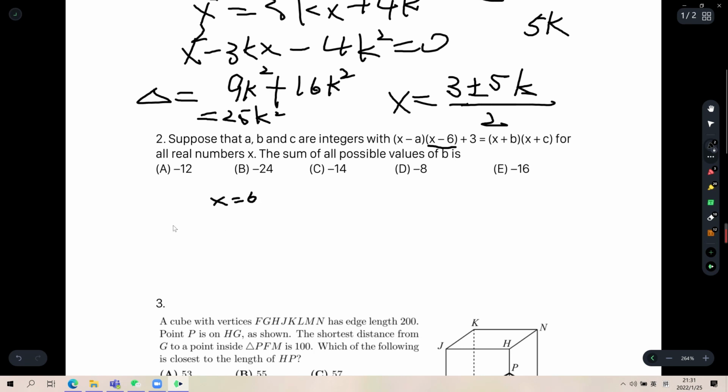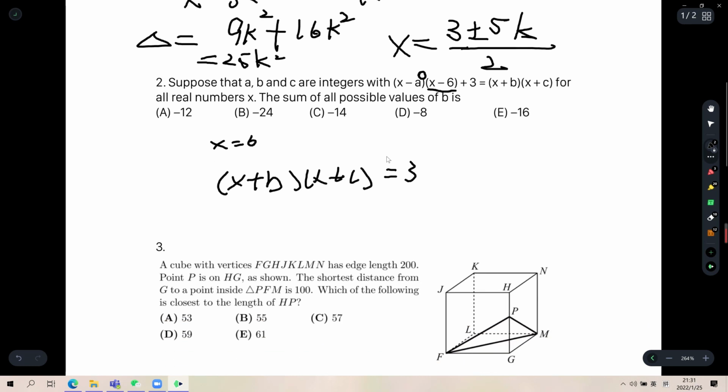So when x equals 6, the whole thing equals 0, and (x plus b) times (x plus c) equals 3. And because b and c are integers, this must be an integer and this must be an integer as well. So what are the possible values of x plus b and x plus c?